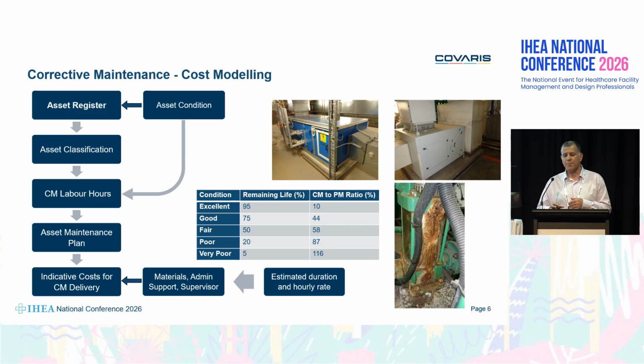For the second component, no matter how much we maintain the assets, they're still going to fail. So you look at corrective maintenance, where, for the pump that we had 3 monthly and 6 monthly maintenance on, at some stage in between it might have a leak that we have to go and fix. Again, by analyzing the history data for similar facilities, we come up with a ratio of corrective maintenance to preventive maintenance.